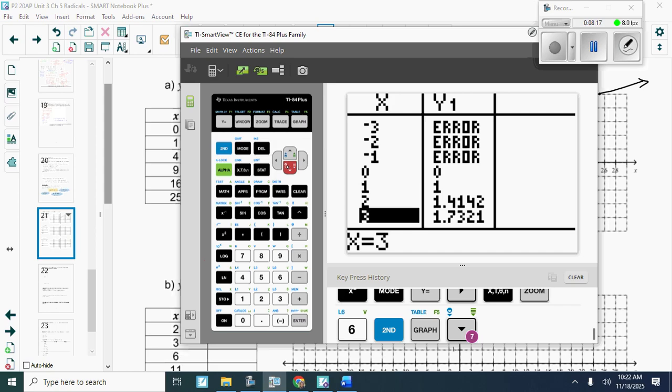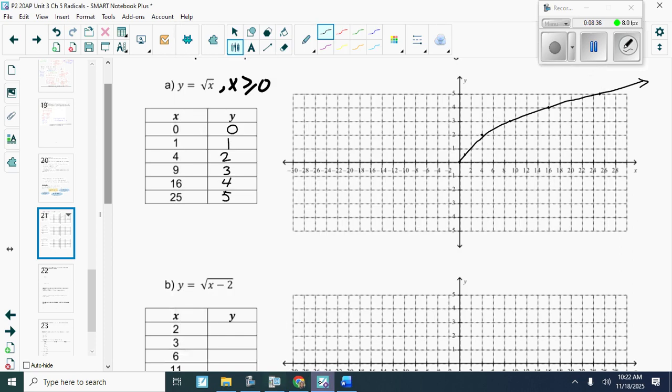So you might have to hunt for some nice numbers to plot, until you get to 9, and then you'd have to go to the next one at 16. So it's kind of easier just to pick the numbers yourself so that they fit nicely into the table of values. You can always check with your table of values on your calculator if you need to.